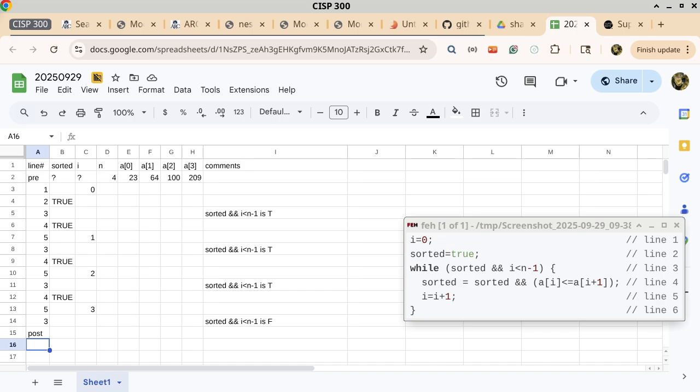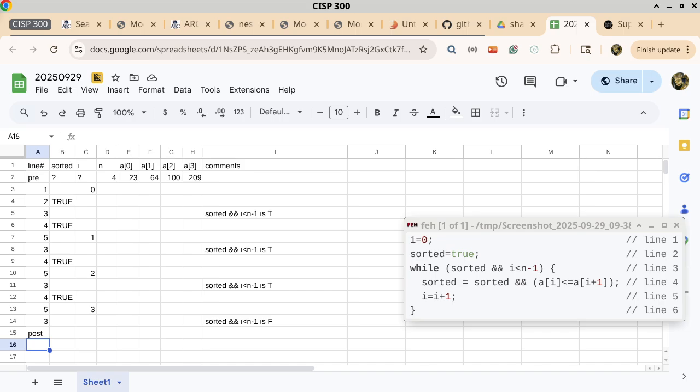But would I call it a simple algorithm, especially in the context of CISP 300? I would not, because it involves a lot of things that take a lot of analysis to figure out how they connect. In other words, there's a variable sorted, but how is it really used in the loop as a part of the condition?